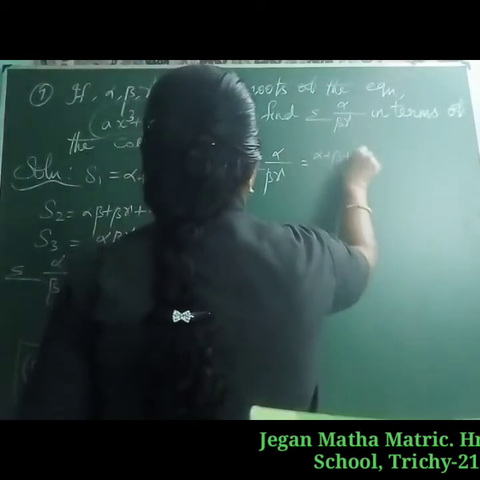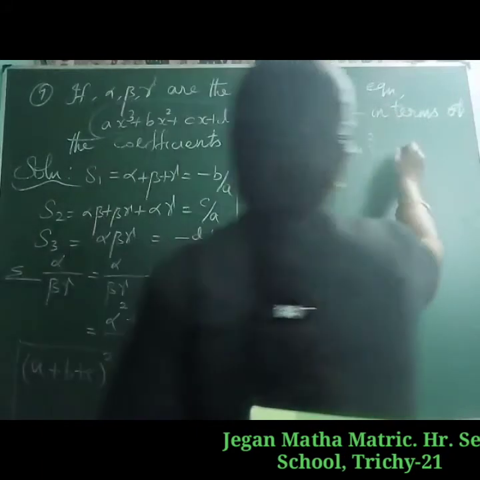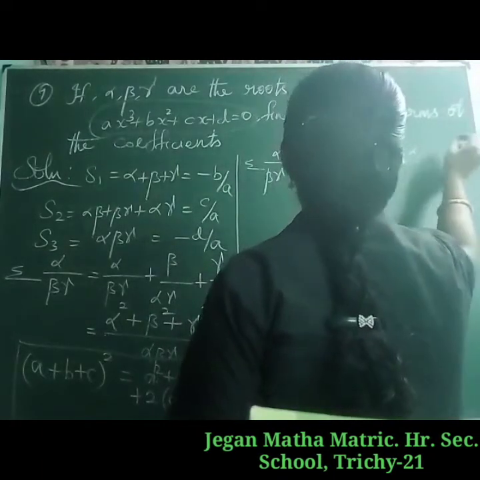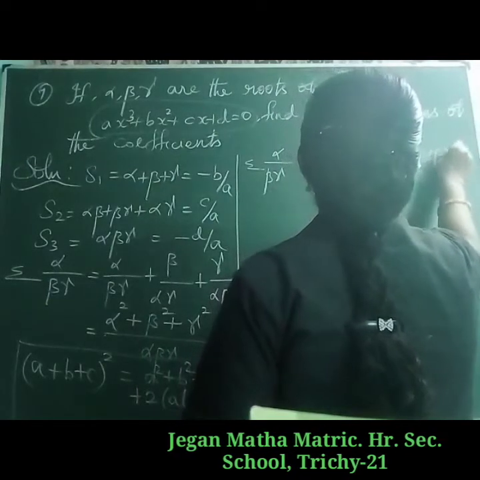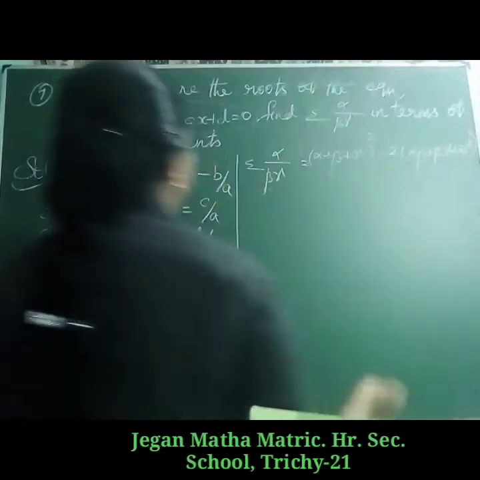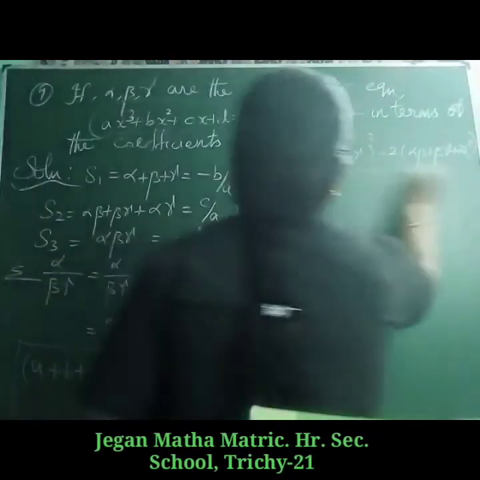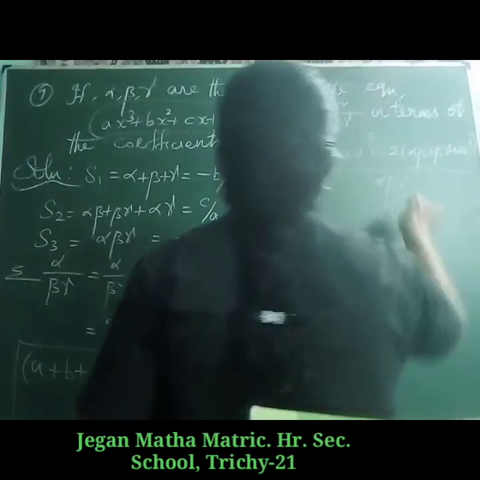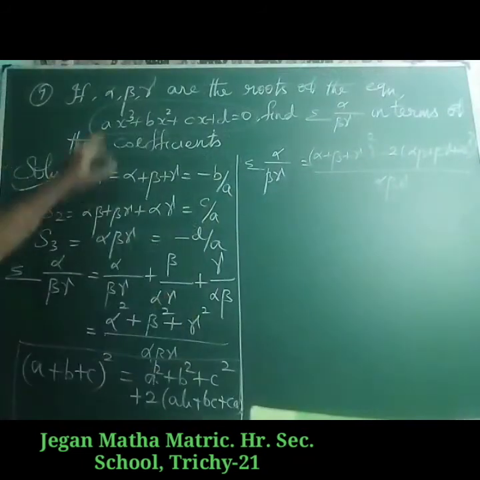(alpha plus beta plus gamma) the whole square minus 2 into (alpha beta plus beta gamma plus alpha gamma) divided by alpha beta gamma. All these three values we already got from the given equation.